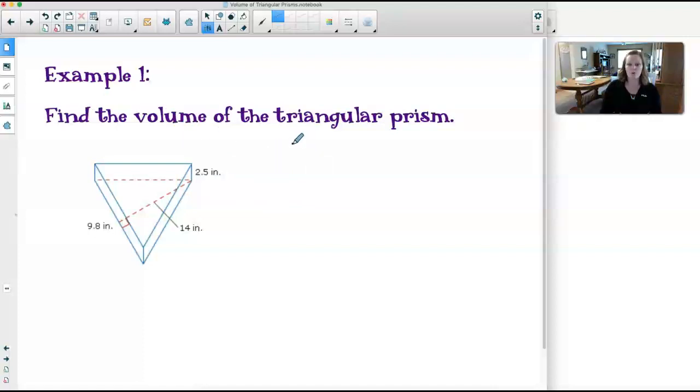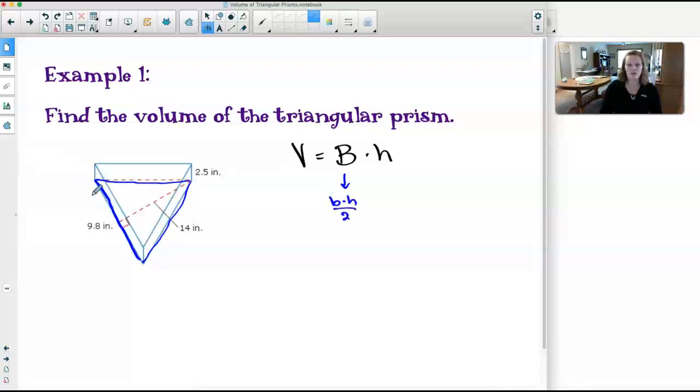So we start with the formula. Volume equals capital B times H. And the base is the triangle. So I'm going to outline the triangle here, and we need to find the area of this triangle. So in that case, it's base times height divided by 2.